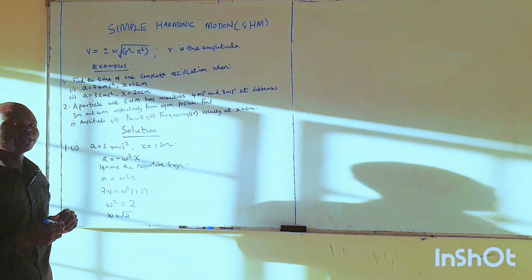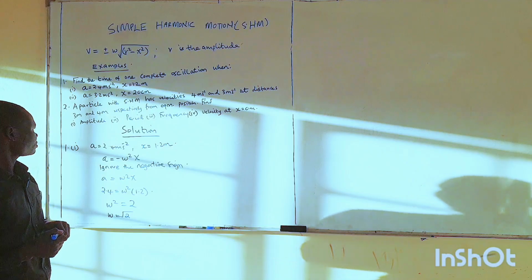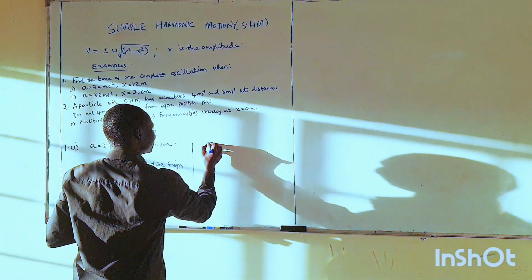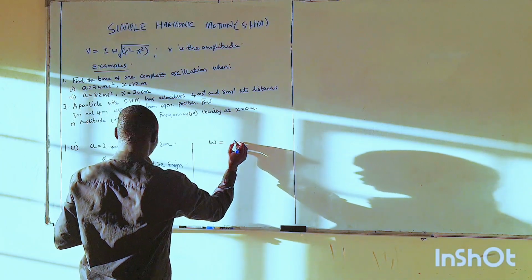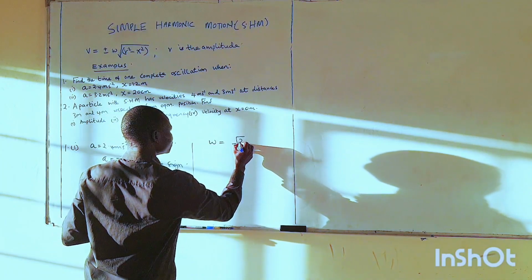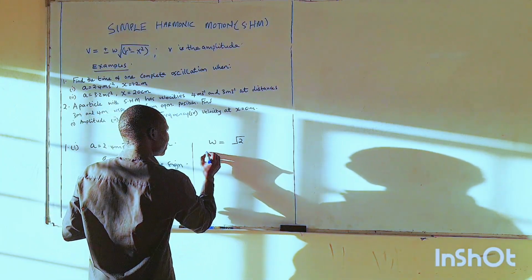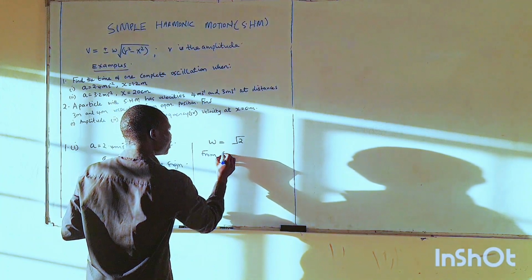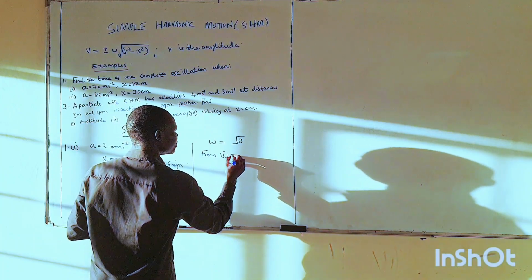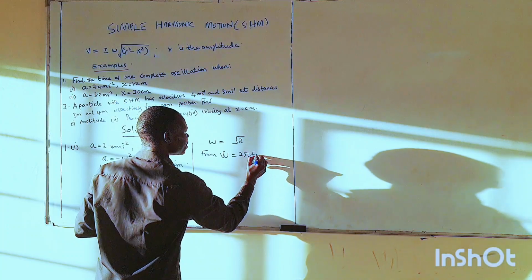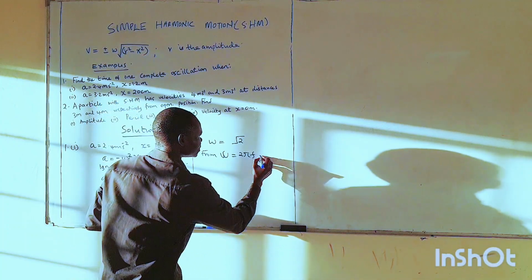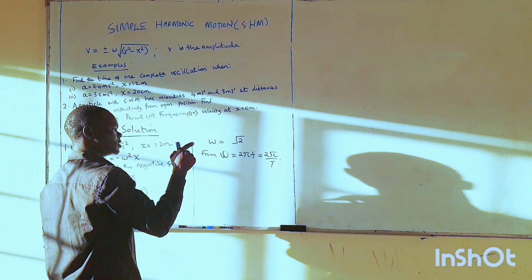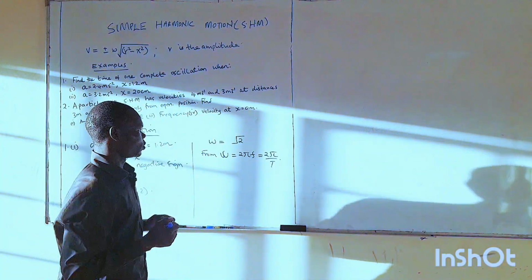This time for one complete oscillation is what we call period T. Now if mu is equal to root of 2, from mu is equal to 2 pi f, we know that f is equal to 1 over T. So we shall say mu is equal to 2 pi over T, where T is our time for one complete oscillation.